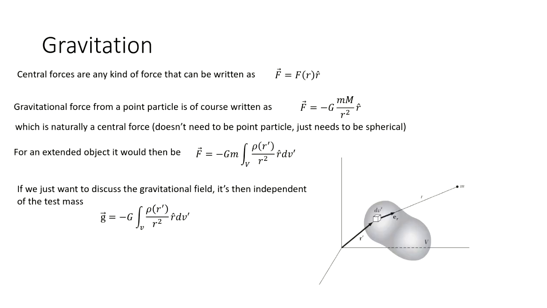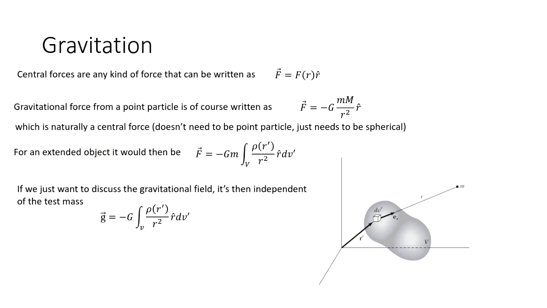Okay, so gravity. Central forces are any kind of force that can be written as the force vector equal to some force magnitude, which is only dependent on the distance r, and the direction is only in the r hat direction, either to or away from this central force.